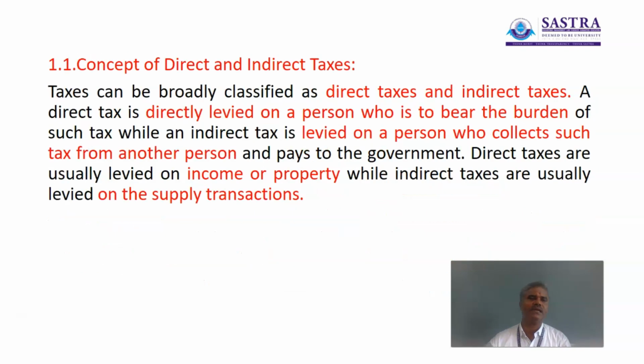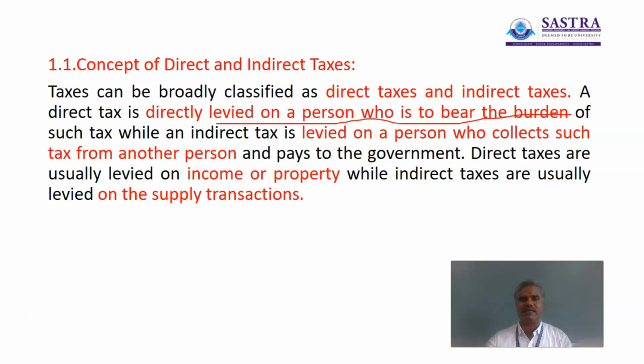Now, the concept of direct and indirect taxes. Tax can be broadly classified into direct taxes and indirect taxes, as I mentioned earlier. A direct tax is directly levied on a person who is to bear the burden. So in direct tax, the burden of tax is in the assessee's hand. They have their own burden because they have to pay tax on their income.